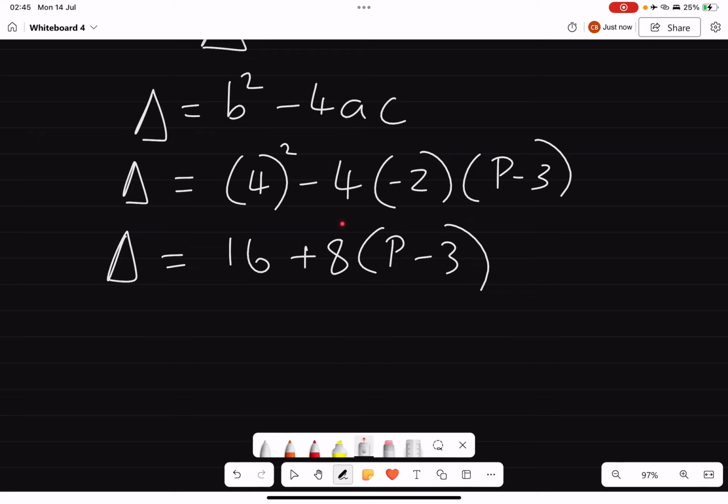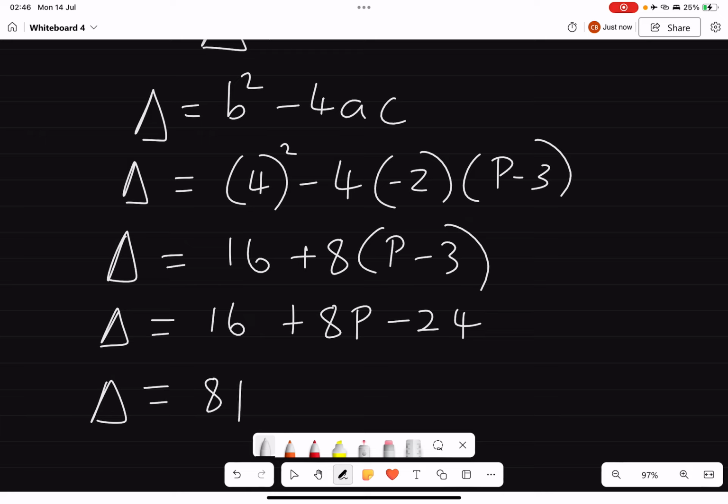All right? And this further simplifies to the discriminant equals 16 plus 8p minus 24. And the discriminant equals 8p minus 8, because 16 minus 24 is minus 8.